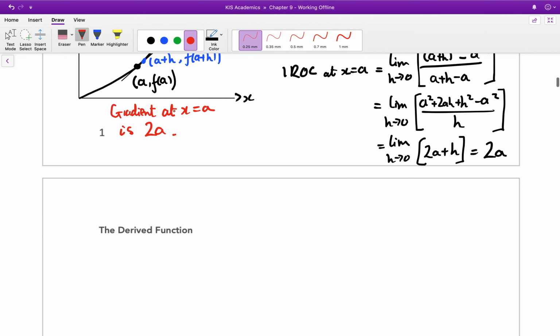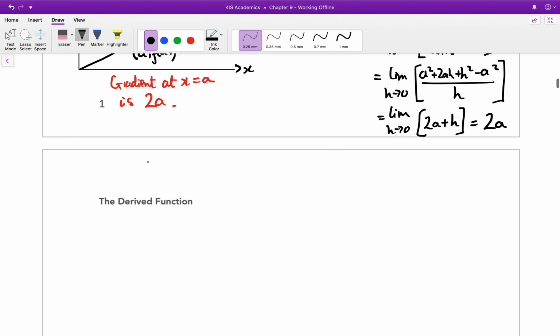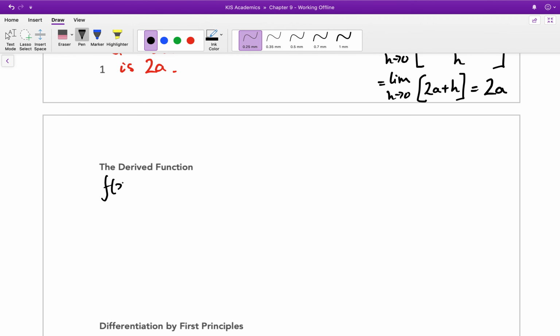And this leads straight on to our derived function. If we look back at f of x equals x squared, we know that the instantaneous rate of change at x equals a is equal to 2a.